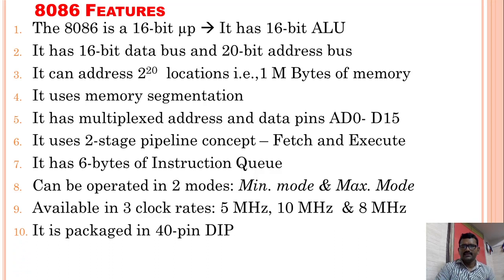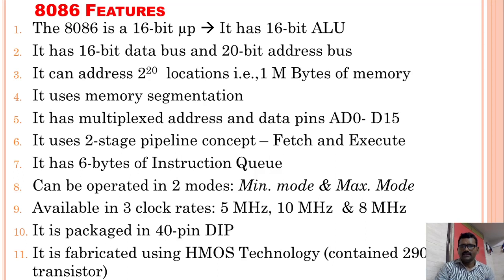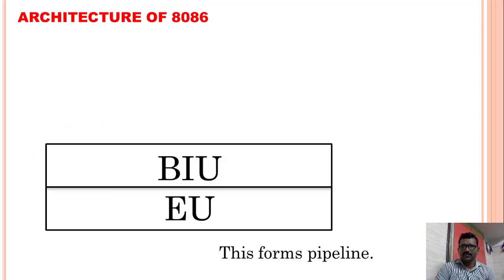And it is packed in a 40-pin DIP package, dual in-line package, and it requires a +5 volt power supply. And it is fabricated using HMOS technology, that is high density MOS technology, and it contains approximately 29,000 transistors. This is about the features of the 8086 microprocessor.